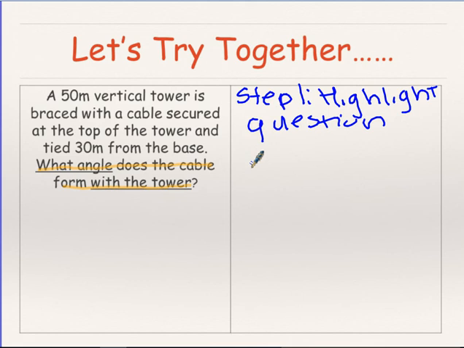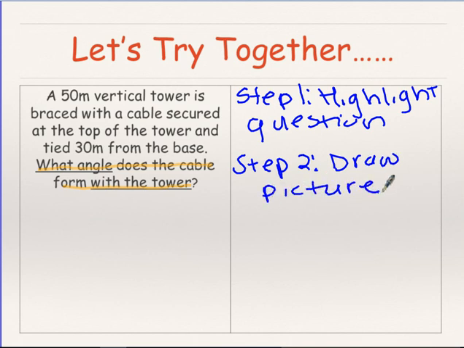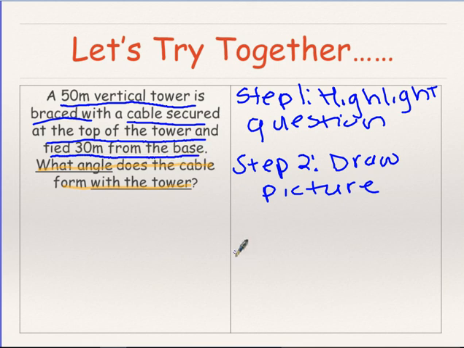Now our step 2 would be to draw the picture. So that's what I'm going to do now. I've got to go back and underline stuff. It says a 50-meter vertical tower is braced with a cable secured at the top of the tower and tied 30 meters from the base.